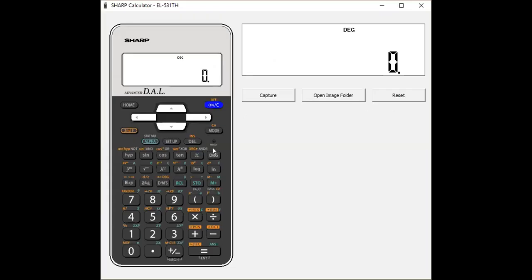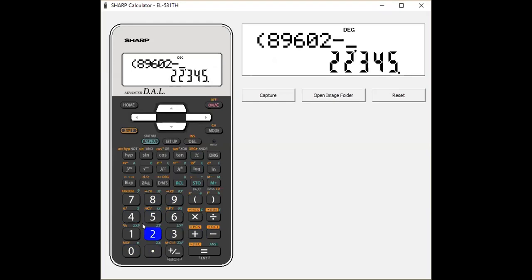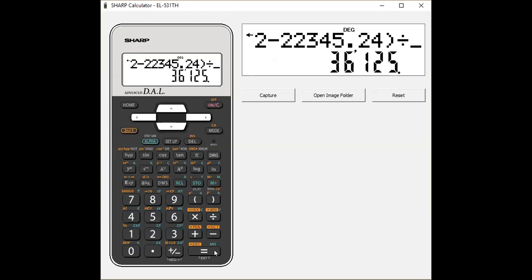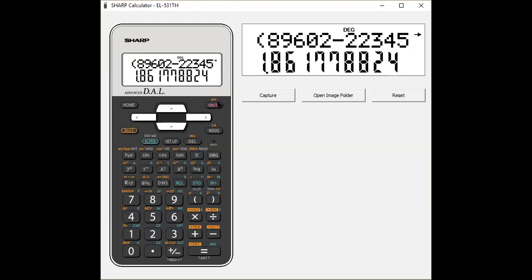So to do this calculation, you would say open bracket 89602 minus 22345.24 close bracket divided by 36125, and then you get the answer, which is 1.86.